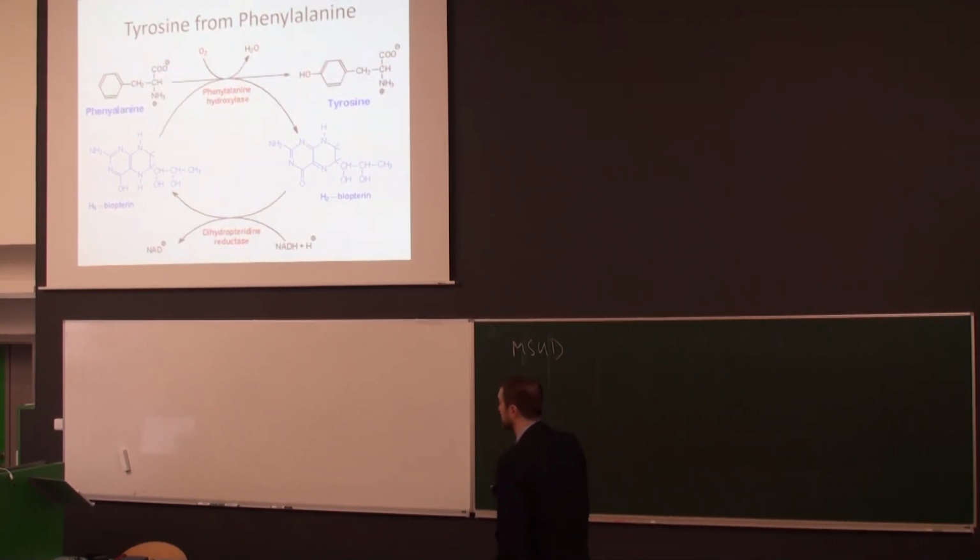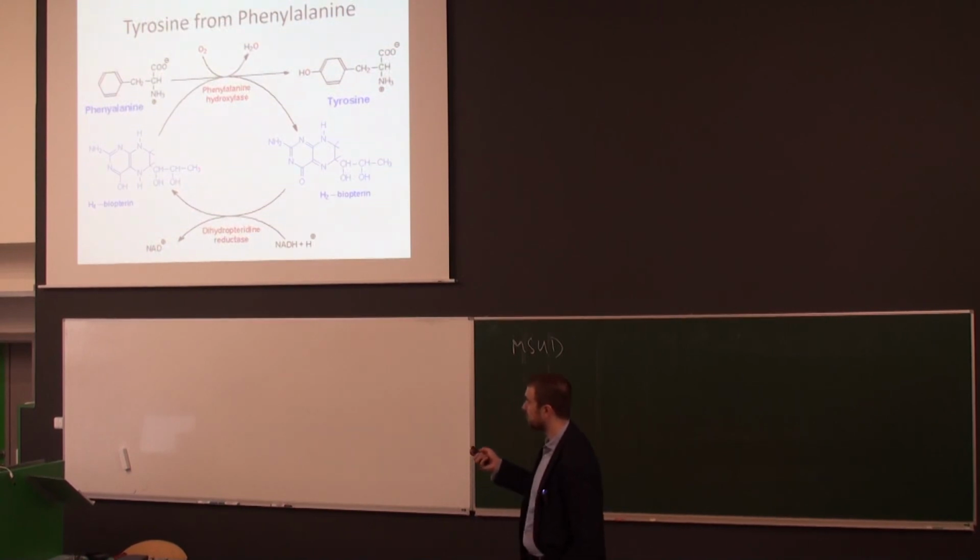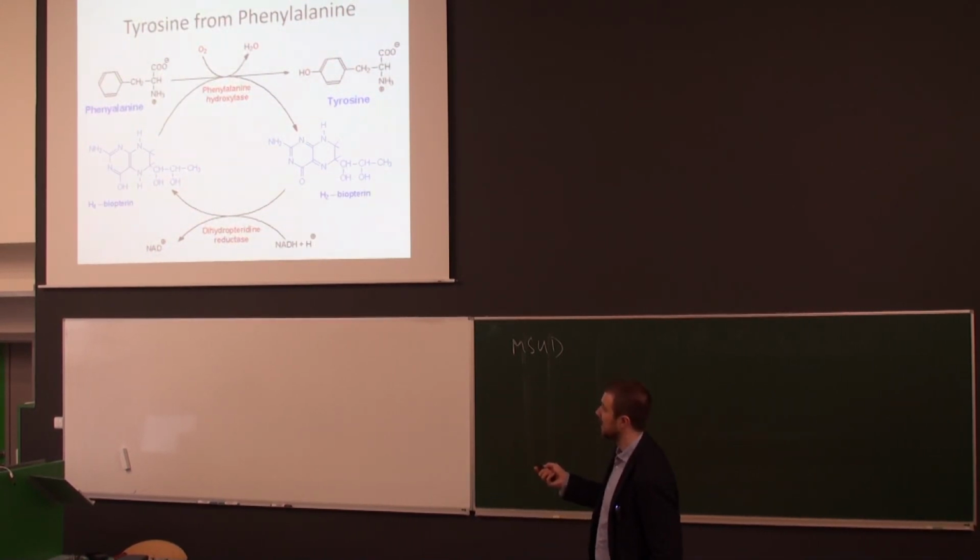This enzyme needs a cofactor. The cofactor is called tetrahydrobiopterin. That means that it has 4 hydrogens, and 2 of them it will incorporate into the reaction, plus it will use the oxygen molecule. One oxygen will be incorporated into tyrosine, and one into water. This is one way hydroxylases do the reaction.